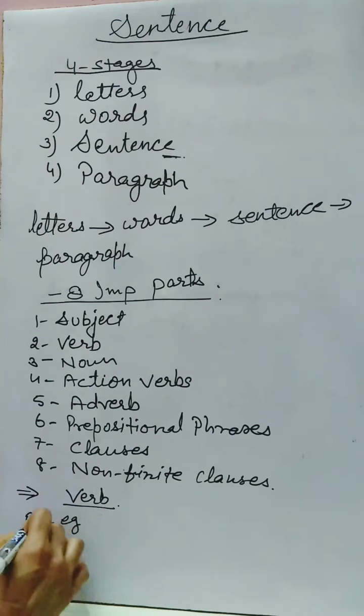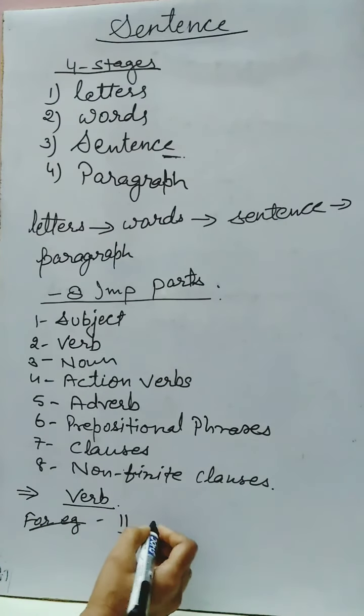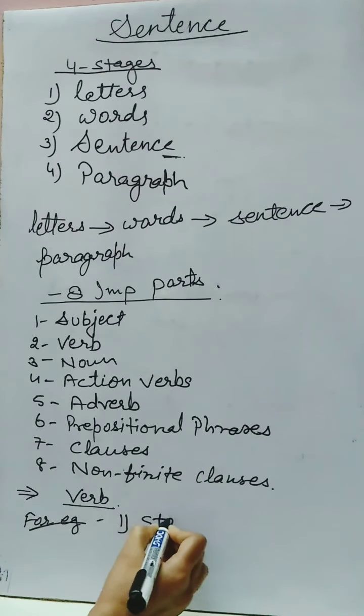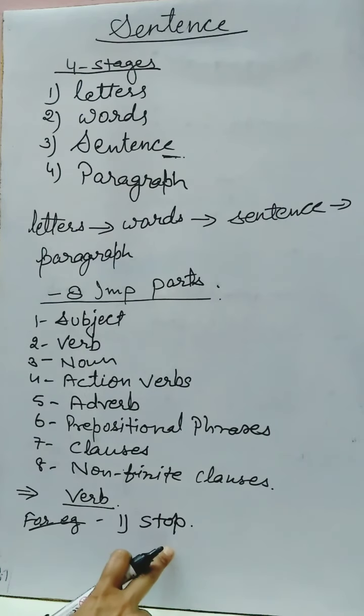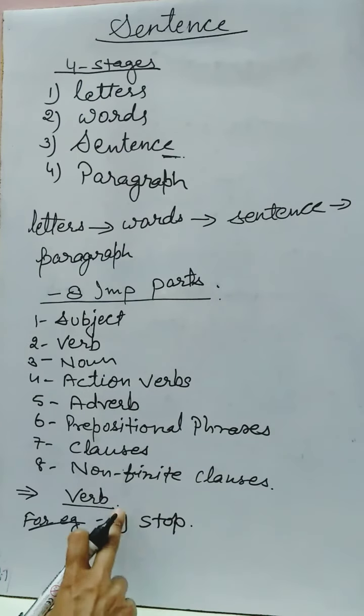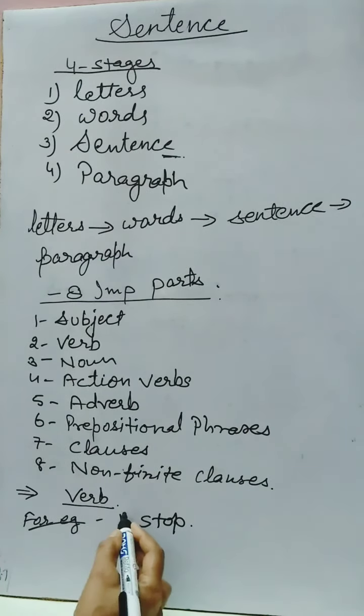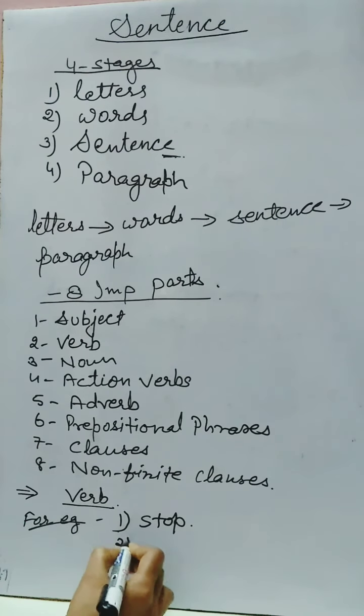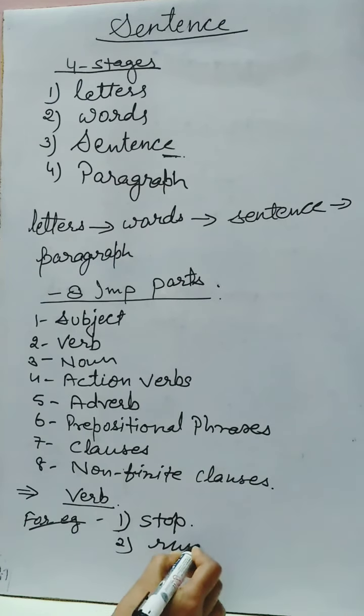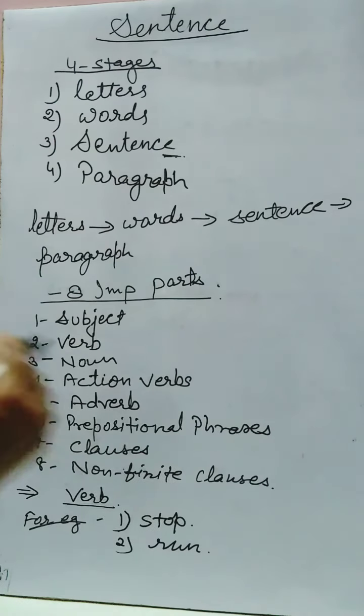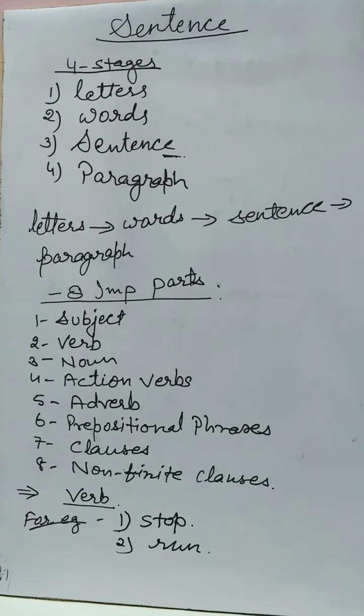For example, see example number 1: stop. Here this is a complete sentence because stop is told to someone else. And here you see: run. Run is also a complete sentence, which is telling someone to run. So these are the simplest sentences.